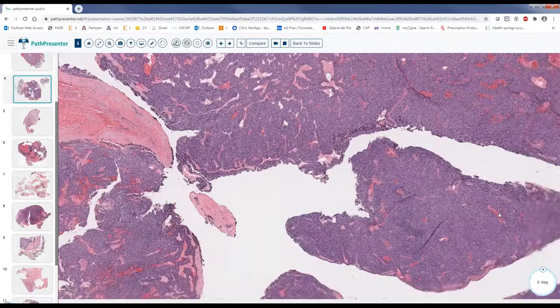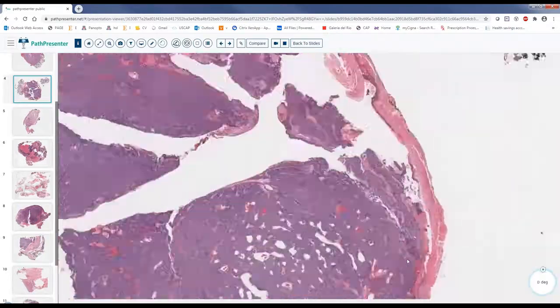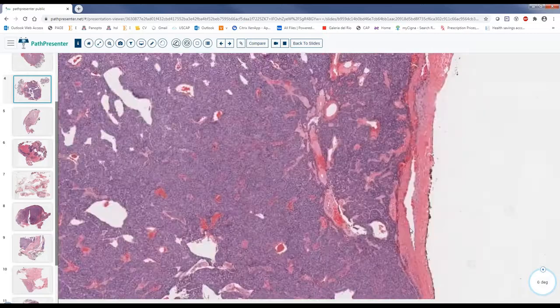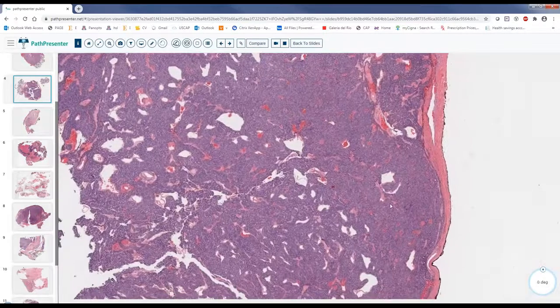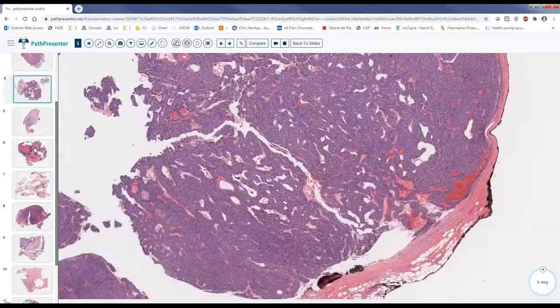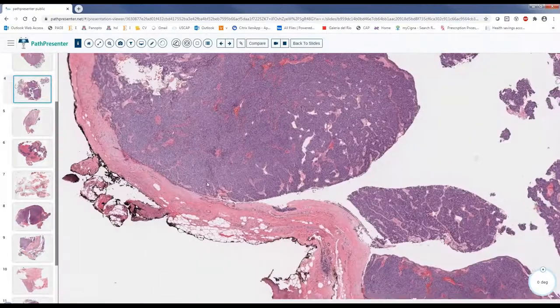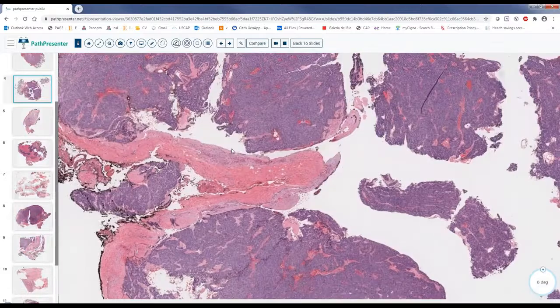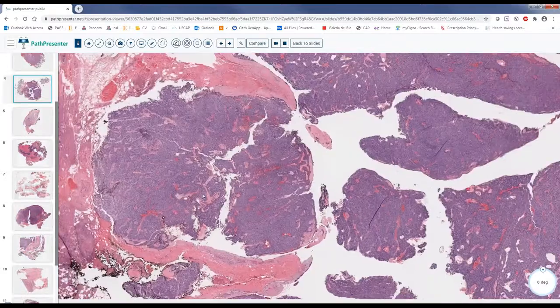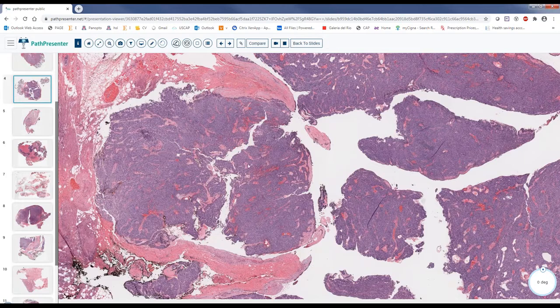Look for capsular invasion, any vascular invasion, and any perineural invasion. It is important to do that fully. Don't just assume that this is basal cell adenoma.